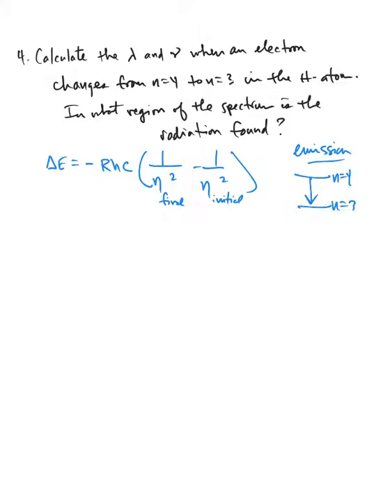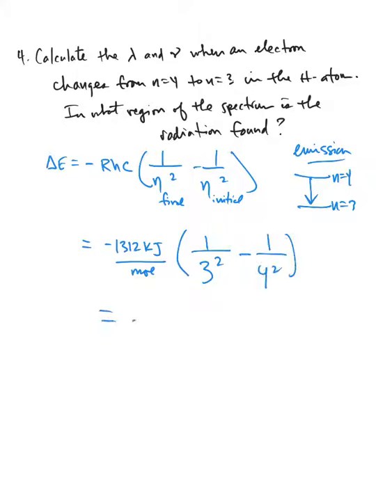That's what we're looking at. So my book has that those three constants together is this value, minus 1,312 kilojoules per mole, and then the final level is 3 squared, and then the initial level was 4 squared, and so I end up getting an answer of minus 63.78 kilojoules per mole.